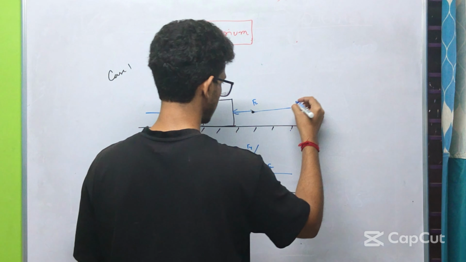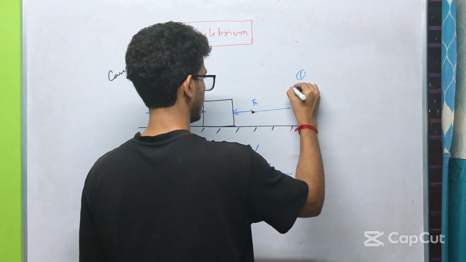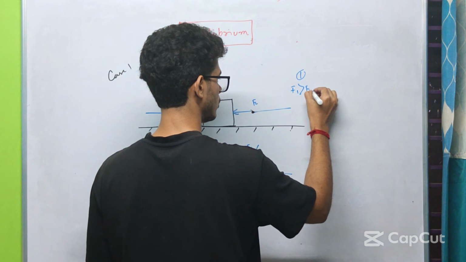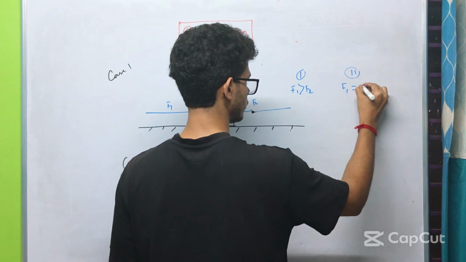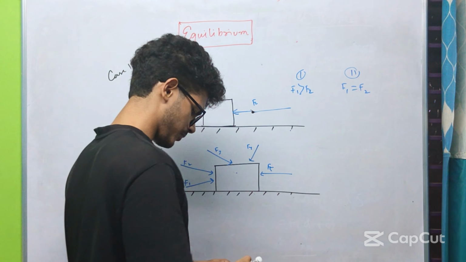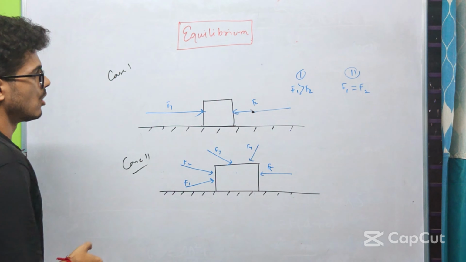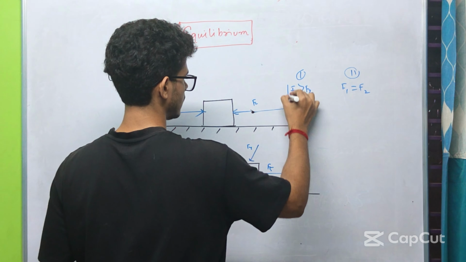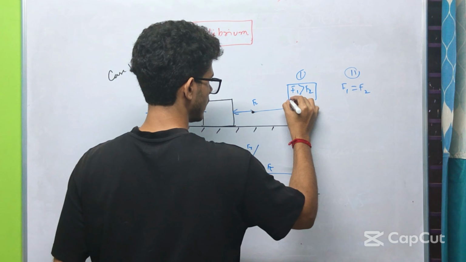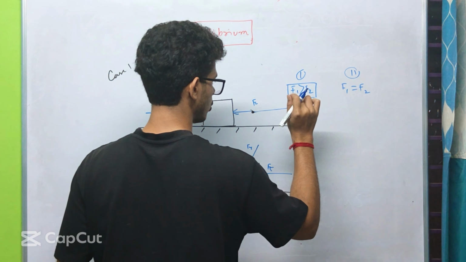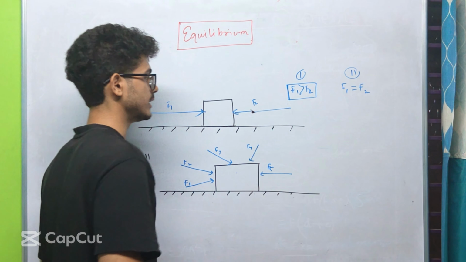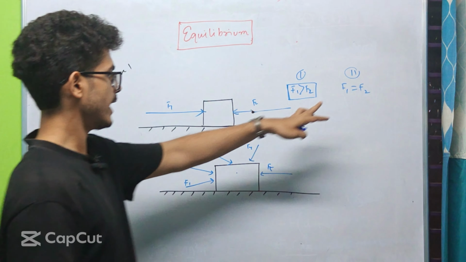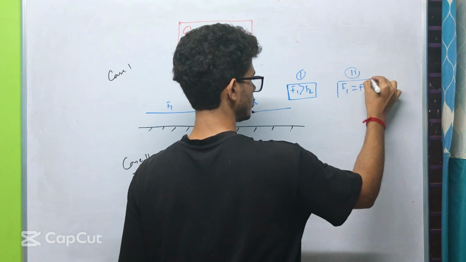Here the first condition is F1 greater than F2, and the second condition is F1 equal to F2. Now can you answer me, what is the effect that the body is going to show when F1 is greater than F2 and when F1 is equal to F2?